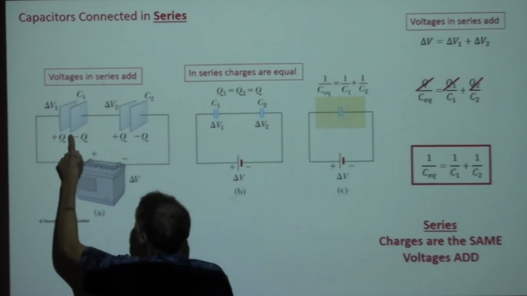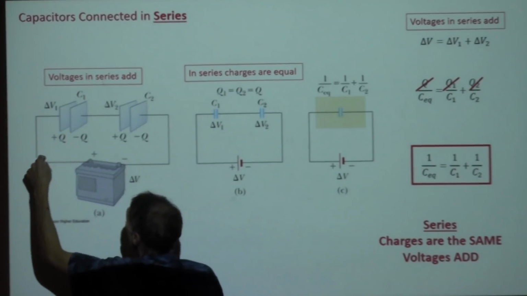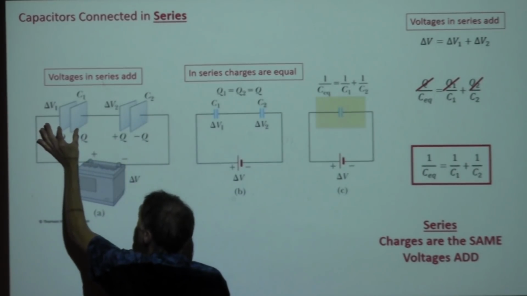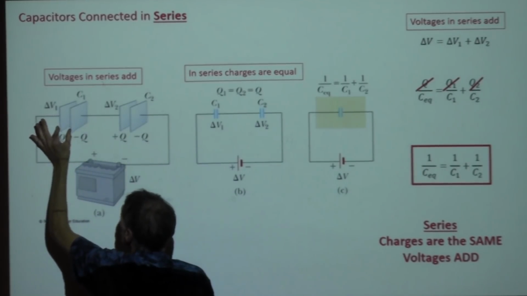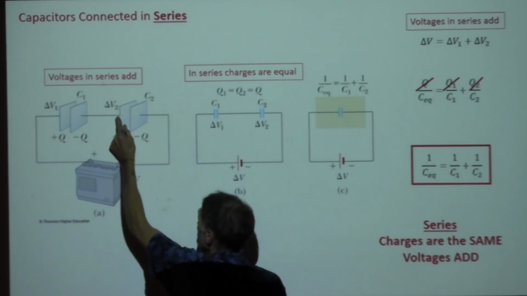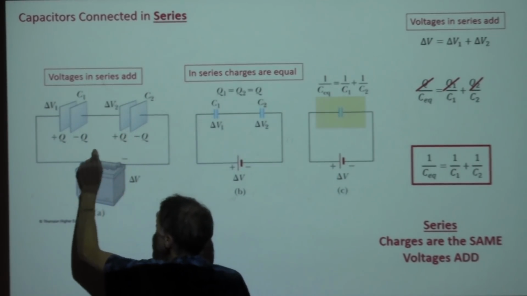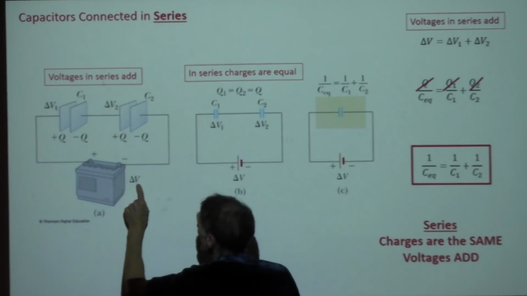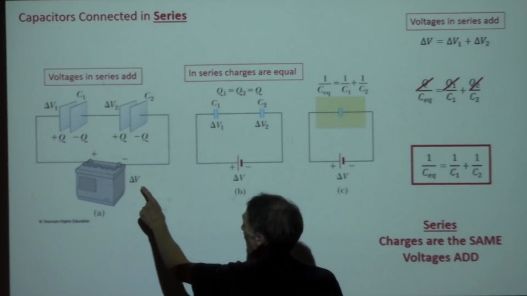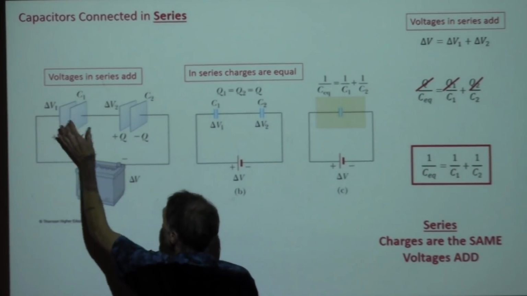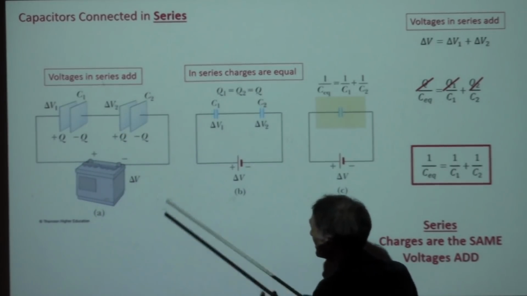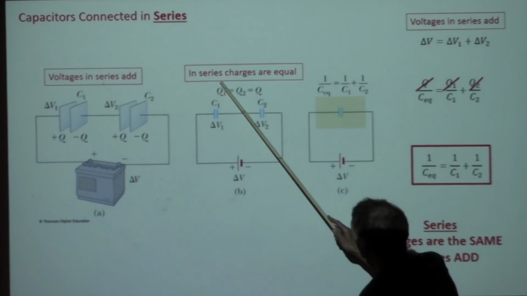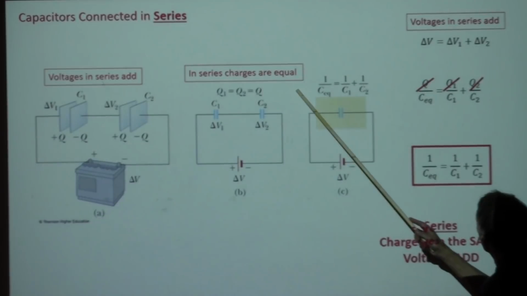So if we wanted to get the potential, we could integrate across here with the electric field. There will be some delta V1 here, that's the voltage across these plates, and another delta V2, the voltage across these two plates. Then we just add them together, and the addition of these two should equal the voltage on the battery. In a sense, this voltage is being divided between these. So in series, it's important you get the idea that voltages add, and the charges will be equal.